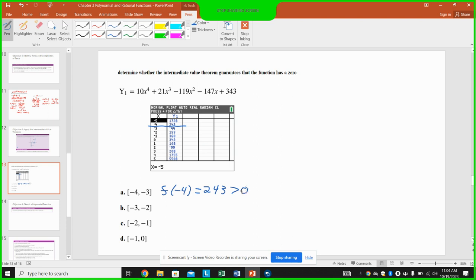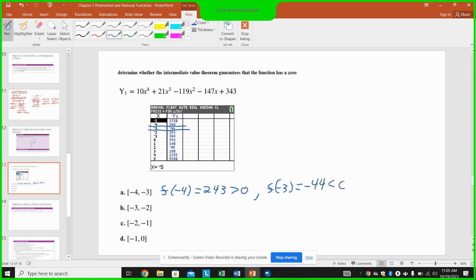So for the intermediate value theorem to work, when I plug in -3, I need to get a number less than 0. So let's see if that happens. So I now do f of -3. And when I go to it, what is the value? -44. Is that greater than or less than 0? It's less than 0.